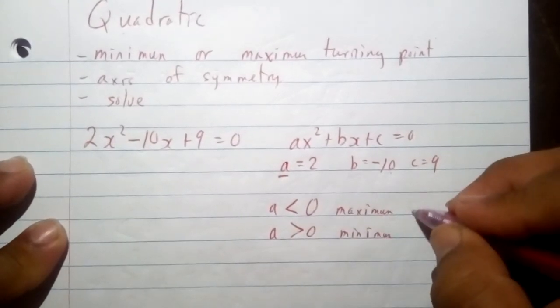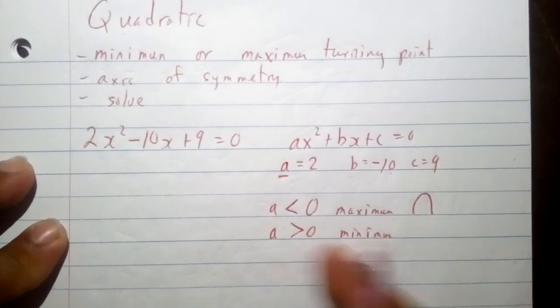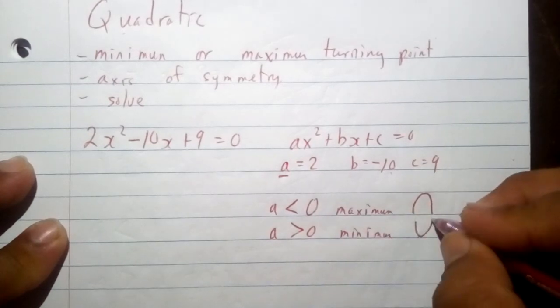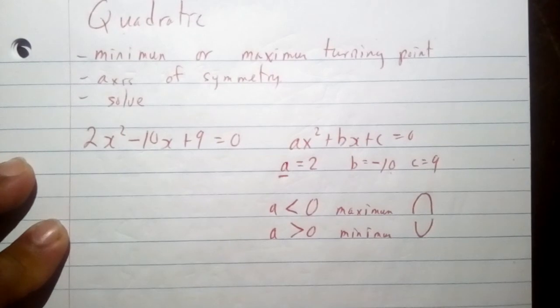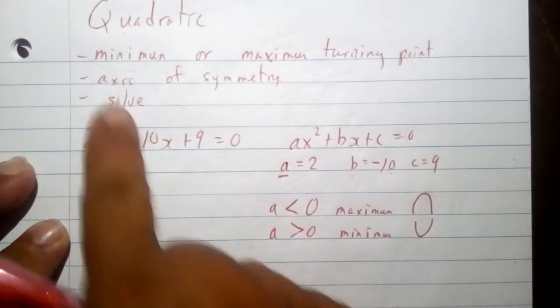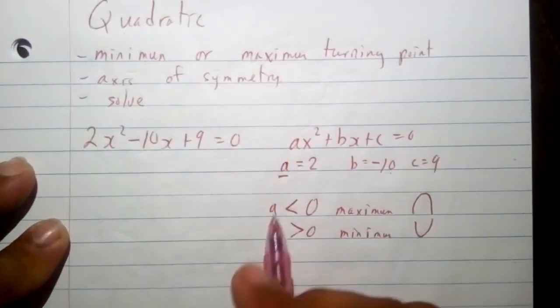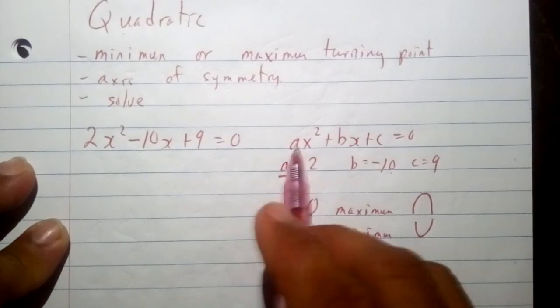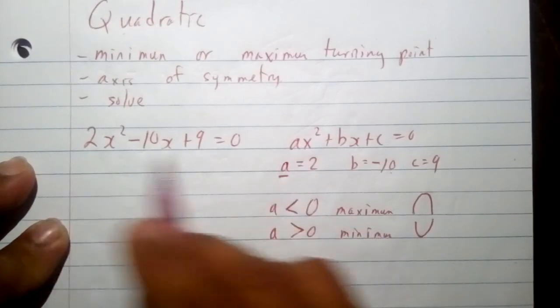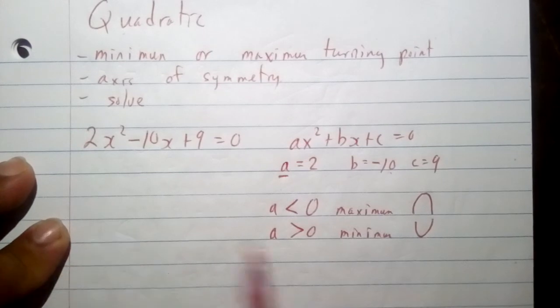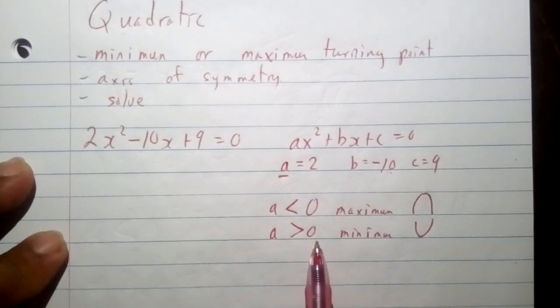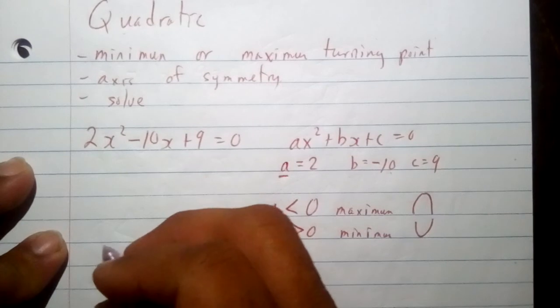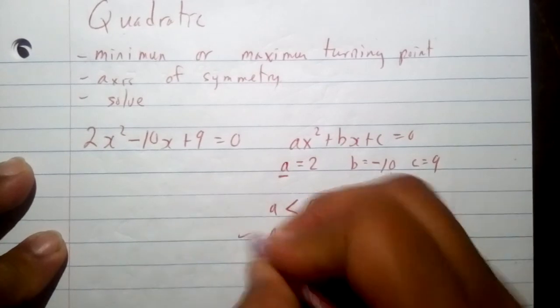It simply means it will curve upwards. Minimum, it will curve downwards. Okay, next thing, axis of symmetry. So this is for maximum or minimum. So from here we can say that this equation has a minimum turning point. So this one here has a minimum turning point.